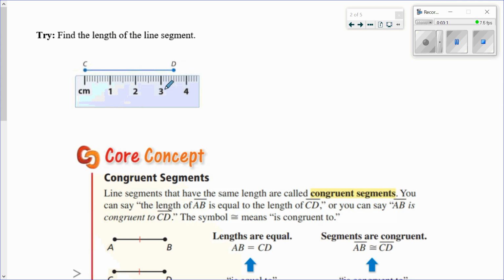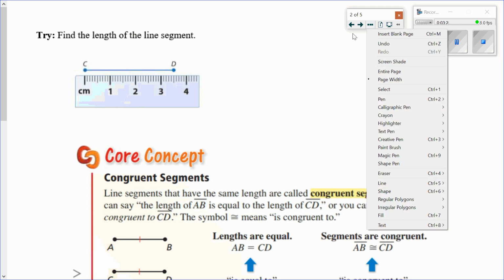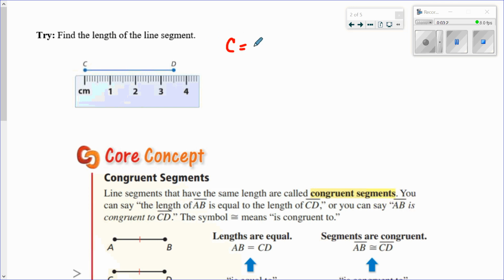Well, now that we're back, I hope that you guys finished the problem already. I'm going to show you how I did it, and we can compare our answers. Okay, so C is at 0. D is at, what is it? 1, 2, 3, 4, 5, so 3.5.